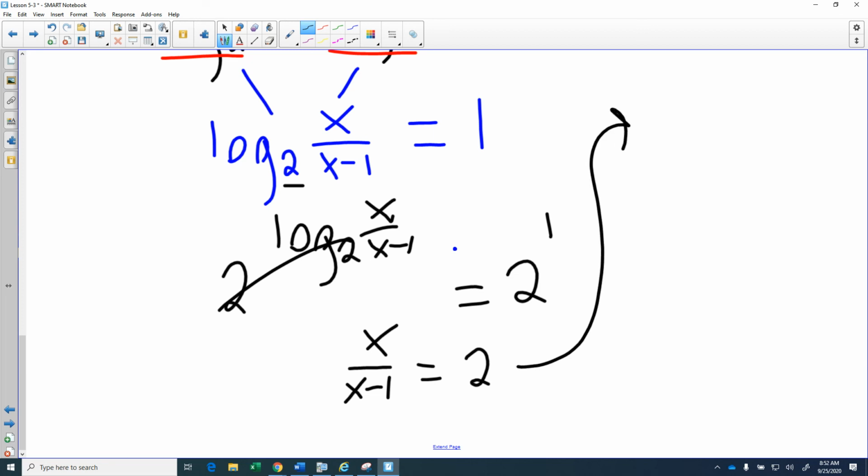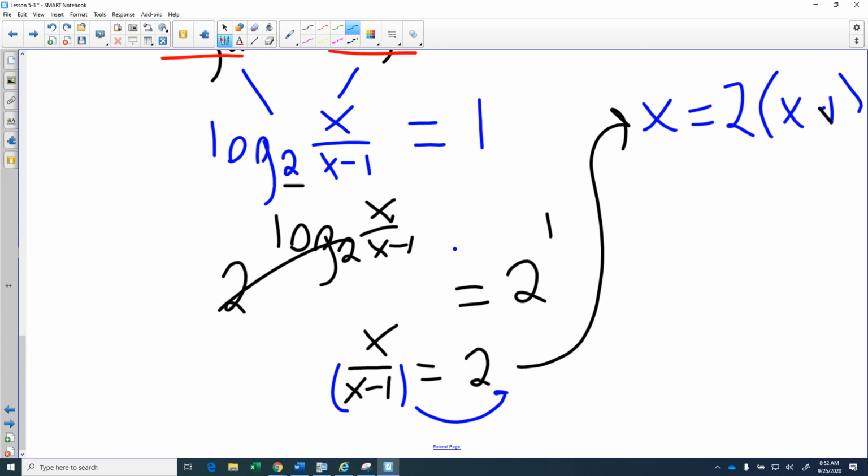At this point, all we have to do is really just use our algebra to simplify this out. I'm going to take the x minus 1 that's on bottom and multiply it to the other side. This will give me x equals 2 times x minus 1.